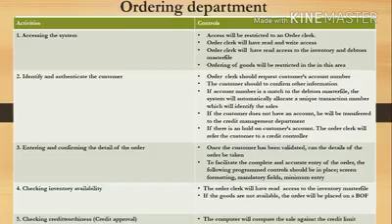Now let's look at ordering department. We're going to look at the activities, what happens when you take the order, and the controls that are put in place. Sometimes they can ask you to list or to discuss the activities and controls under a certain department, whether it's ordering department or warehouse department.